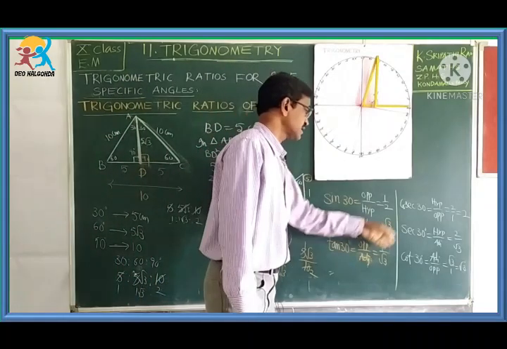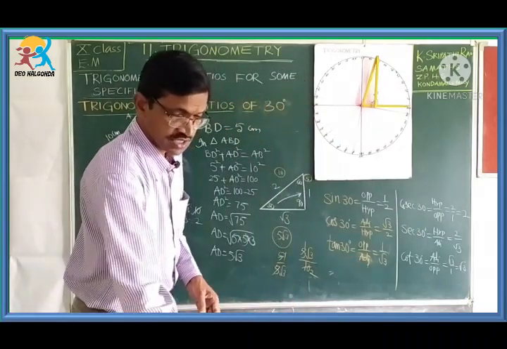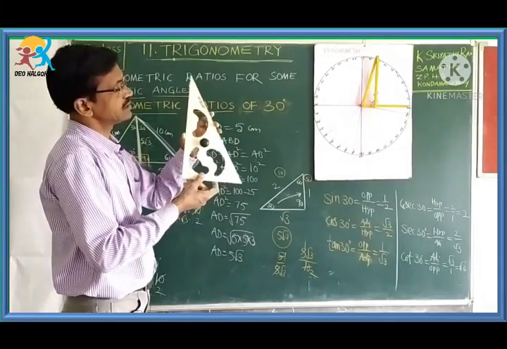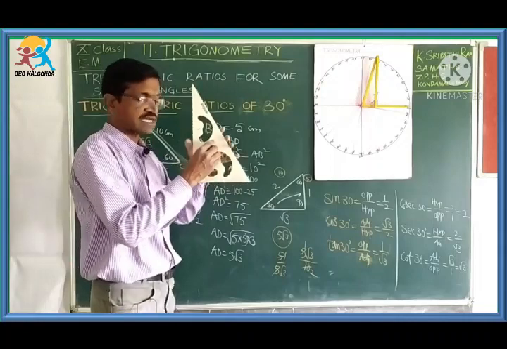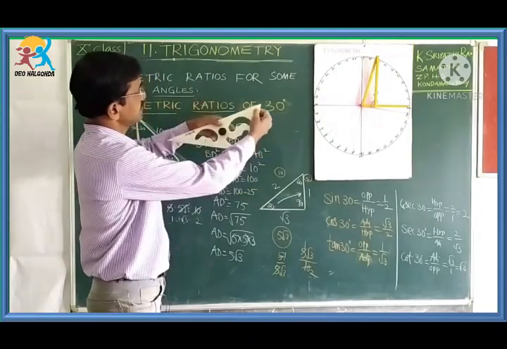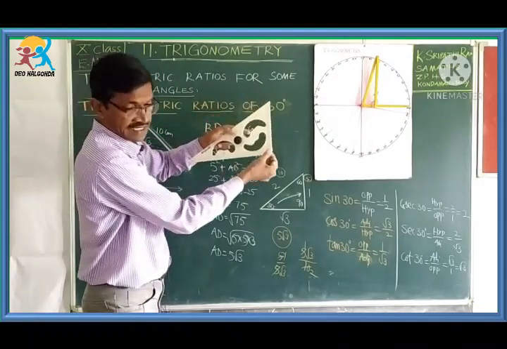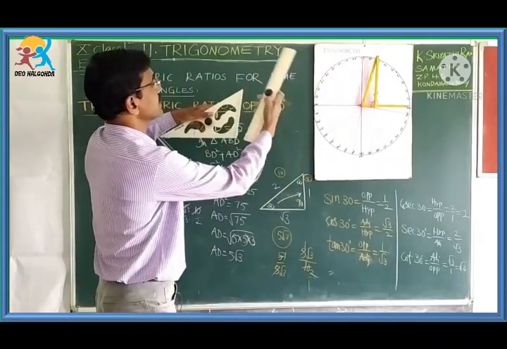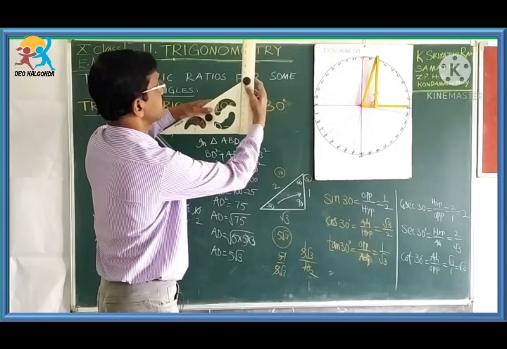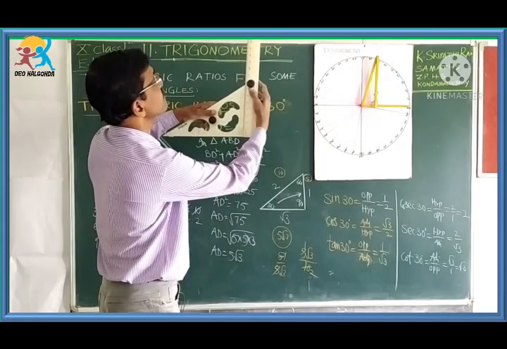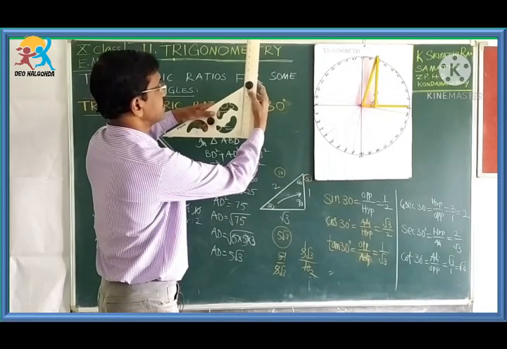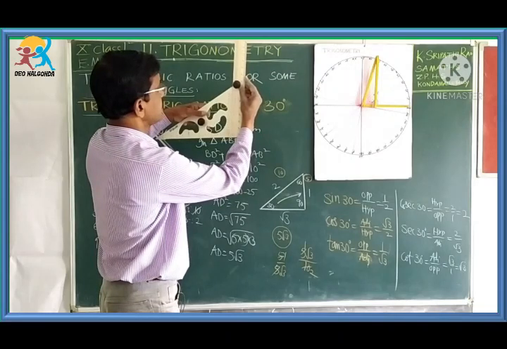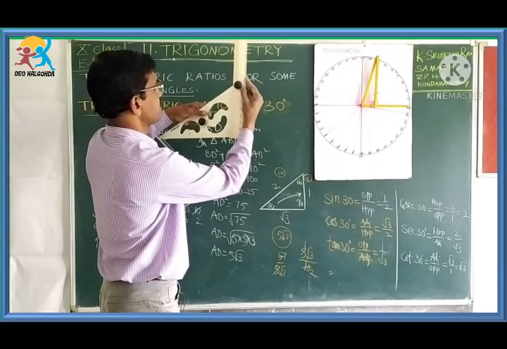Then from this we can find all ratios. If we take the second set square from our compass box, here is 60 degrees, here 30, here 90 degrees. If you measure with a scale, the opposite side is 7.5 inches, or in centimeters it is 19 centimeters.